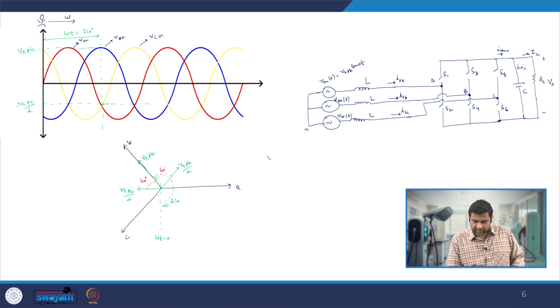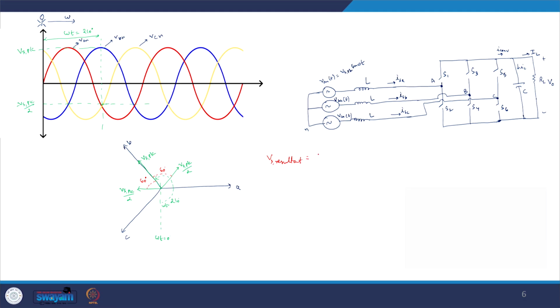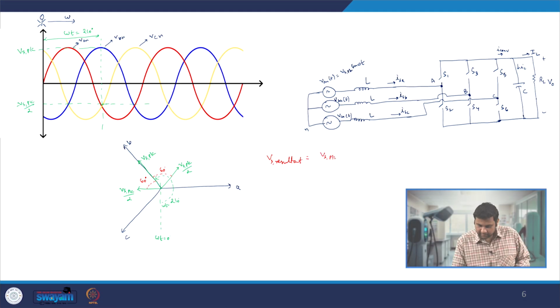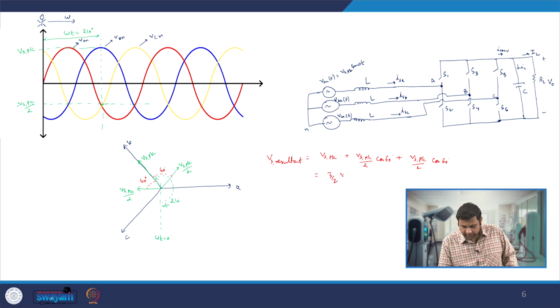So the resultant of Vs is nothing but Vs peak plus Vs peak by 2 cos 60 from the B phase, plus Vs peak by 2 cos 60 from the C phase component, and this will be equal to 3 by 2 Vs peak.